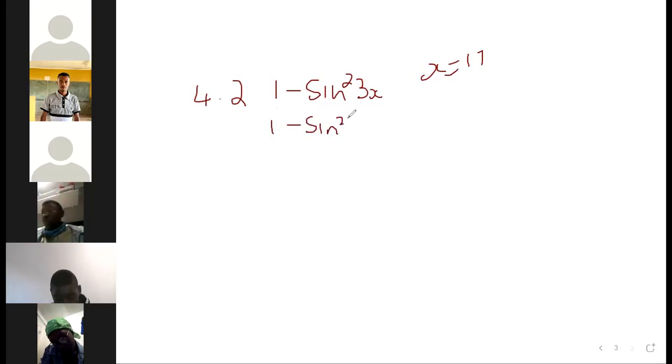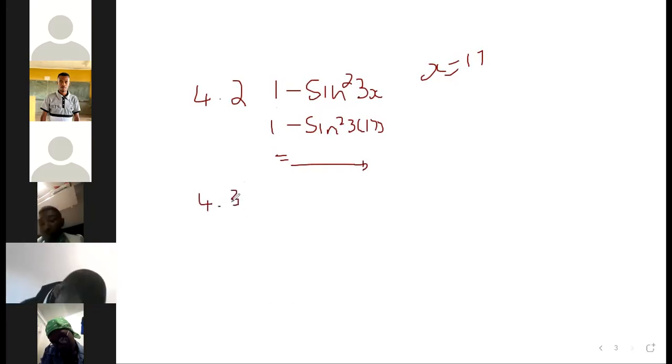Sine squared, then 3 into exponent. Where I see x, I'm placing 17, right? So I'm gonna get my final answer. Please type in the final answer in the chat box. I want to see the answer in the chat box for 4.2.1.